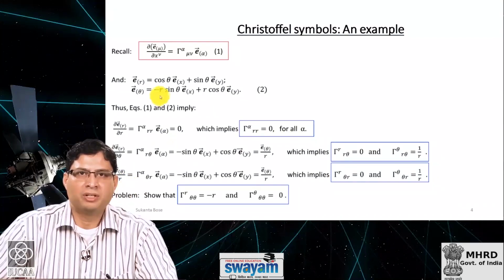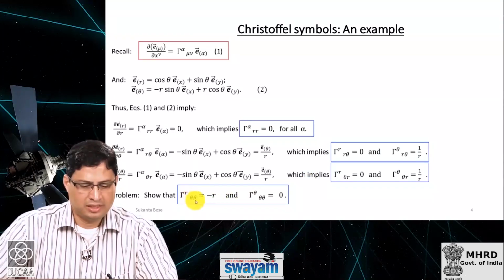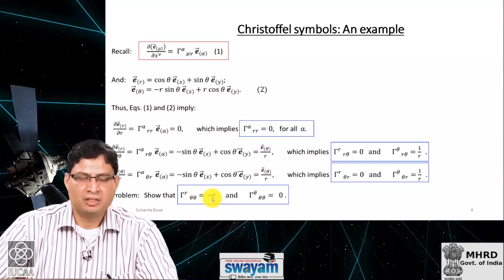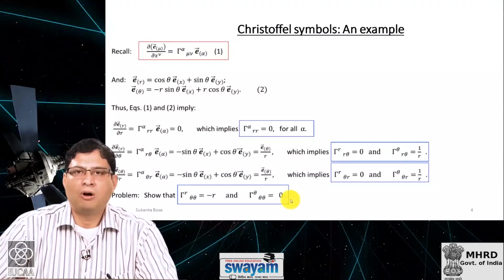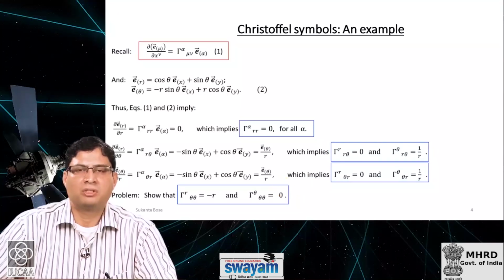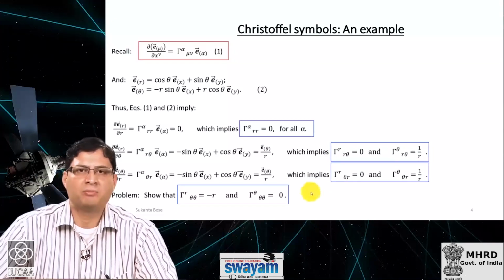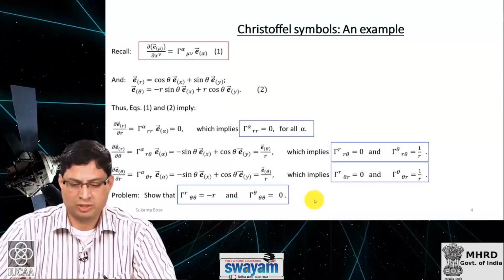That will be non-trivial because E theta depends on theta from equation 2. So, you can show, however, that gamma r theta theta will be negative r and gamma theta theta theta will be 0. This will then complete all the Christoffel symbol component extraction for this simple two-dimensional coordinate transformation in flat space, namely from the Cartesian coordinate system to the polar coordinate system.